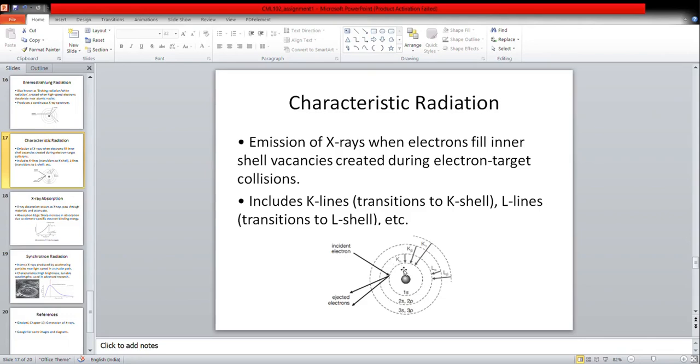If that wavelength corresponds to an electron transition from the second shell to the first shell, then that is called K alpha. Basically it is about a transition from the beta shell to the alpha shell.